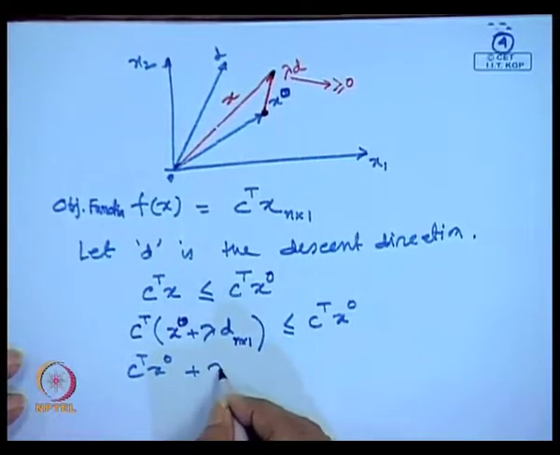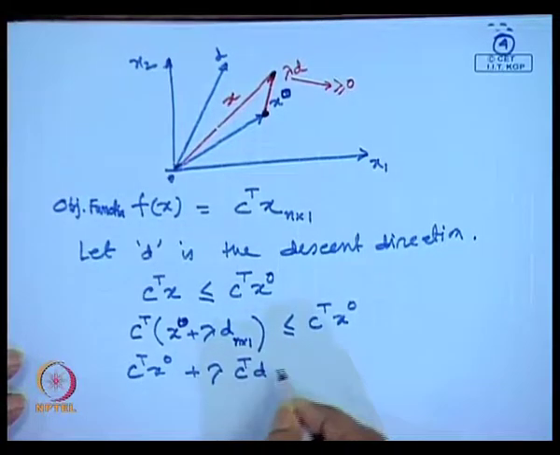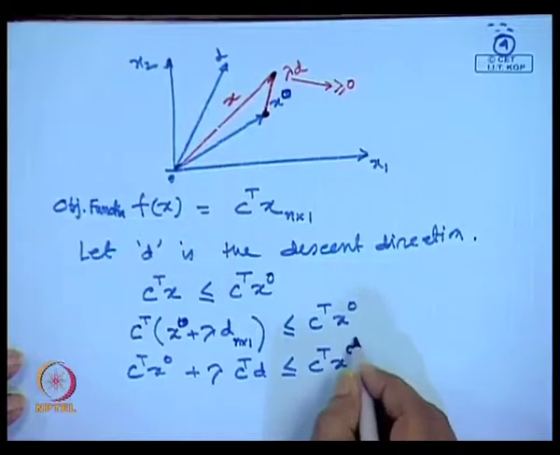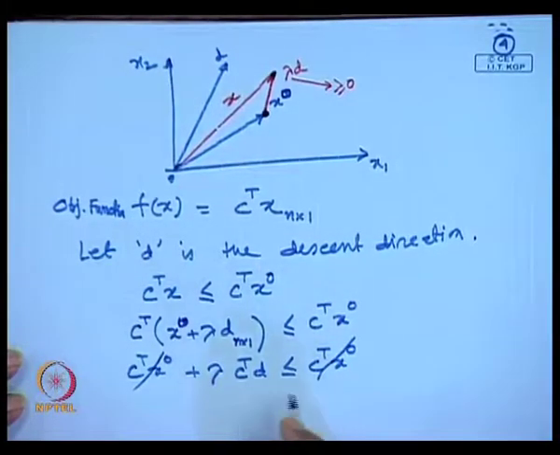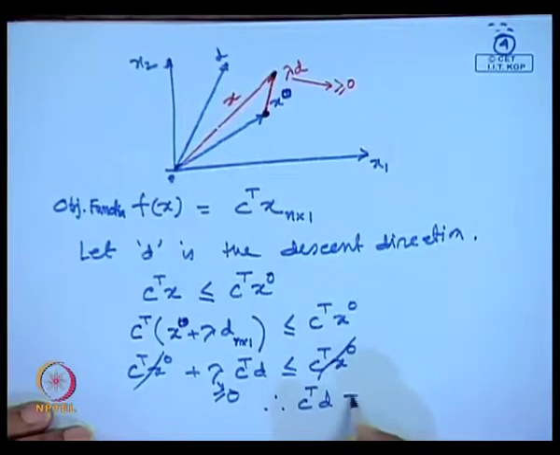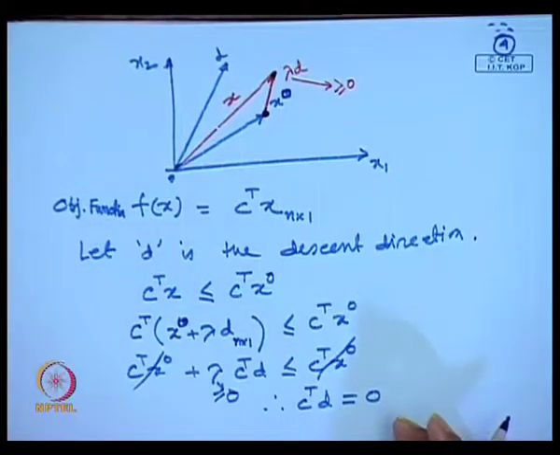Lambda is a scalar quantity, we can take it out, and we can write C transpose d is equal to C transpose x 0. So this cancels. Since lambda is greater than or equal to 0, you can write that C transpose d is equal to 0. That also we have discussed earlier in the steepest descent method.